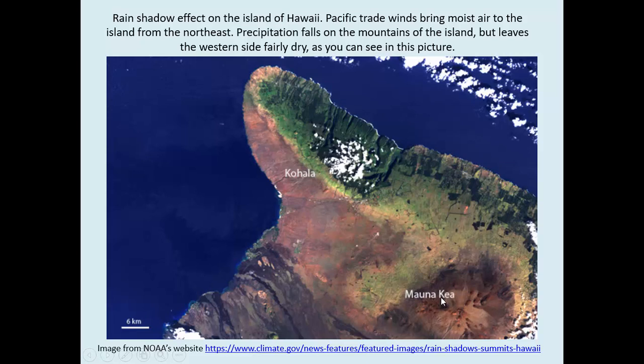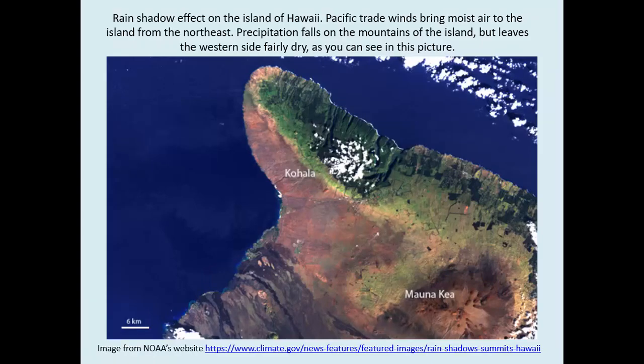It's hard to tell from this picture, but this volcano is very tall. When the moisture hits this mountain, it drops all of the water onto the side of the island that it encounters first, and then those dry clouds go over the island, and the other side of the island receives very little precipitation.